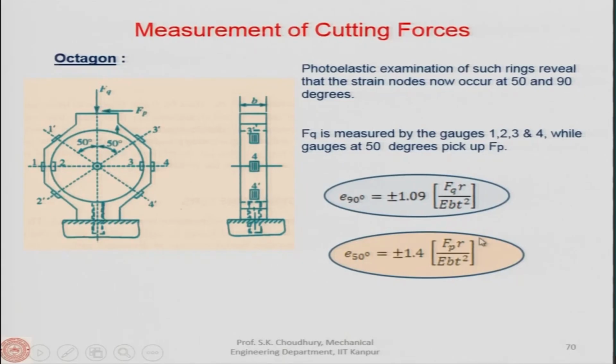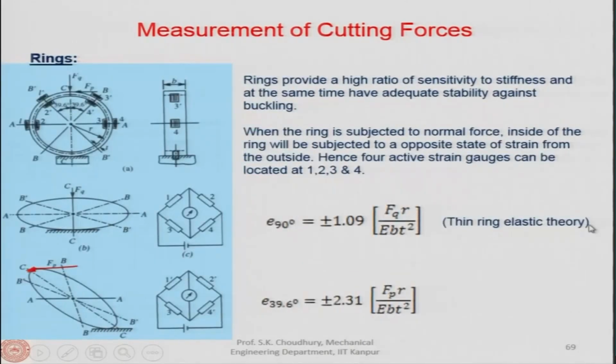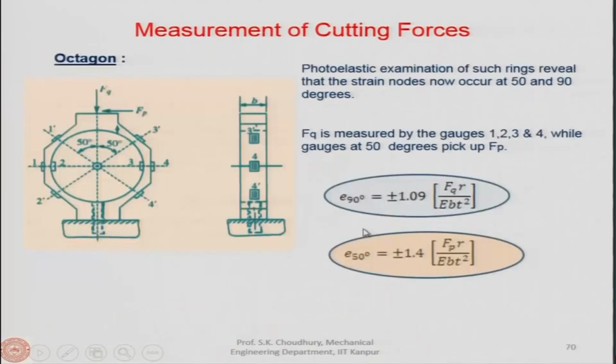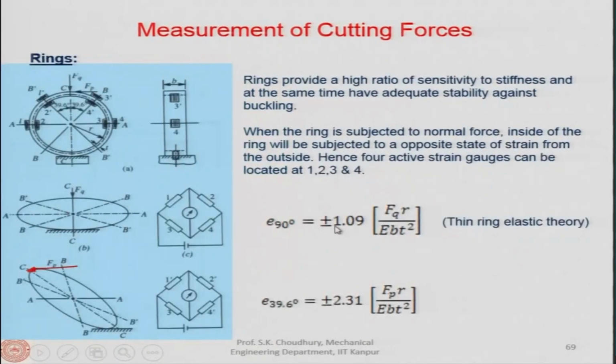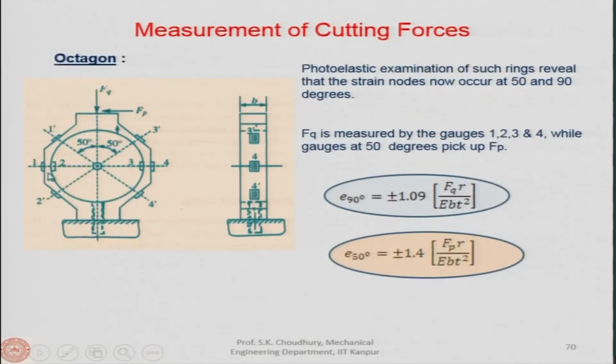And this formula we have again taken from thin ring elastic theory. You can see that this is the same 1.09 because this is the angle of 90 degrees, so here also it is at 90 degrees. Therefore, plus minus 1.09 FQ, because 1, 2, 3 and 4 will actually measure FQ.